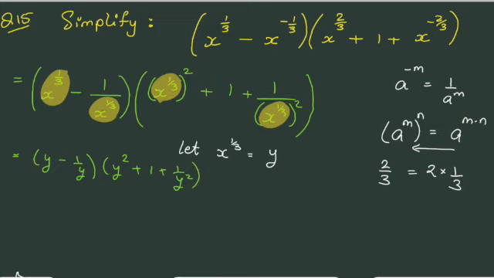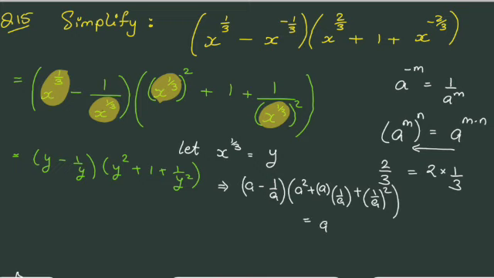So this is in the form of the identity a minus 1 upon a, times a square plus a into 1 upon a, which is 1, plus 1 upon a square. And the answer for this identity is a cube minus 1 upon a cube. So the answer to this will be y cube minus 1 upon y cube.